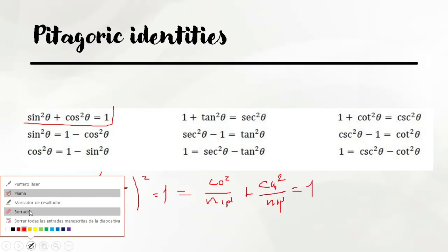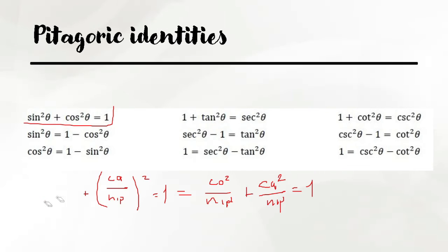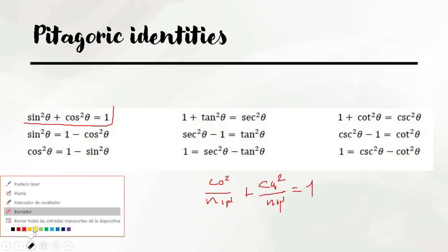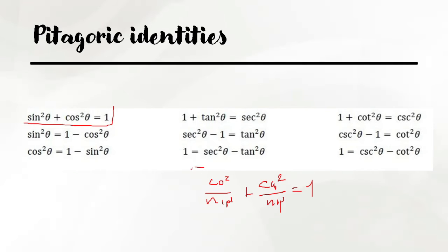Now we're going to multiply. We're going to solve this. And this is gone.